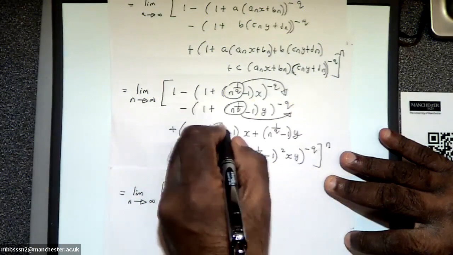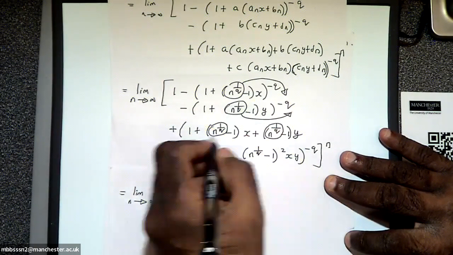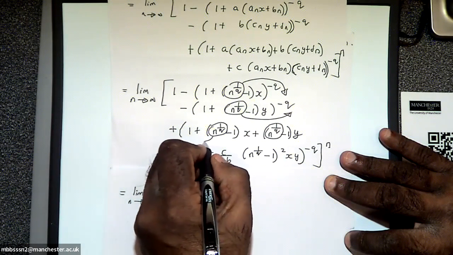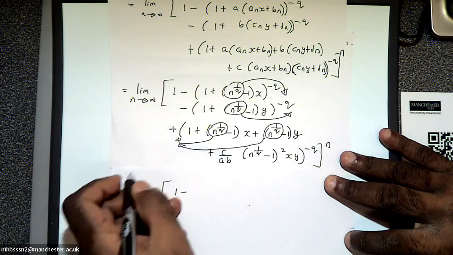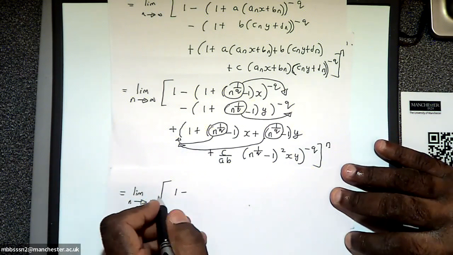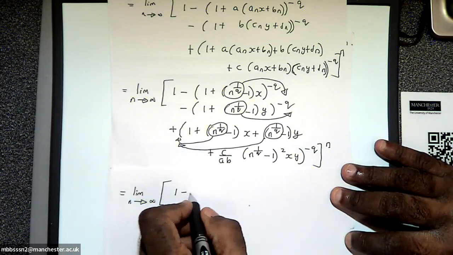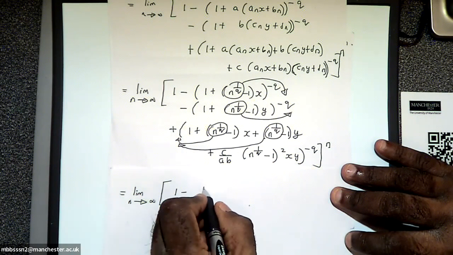And the same thing here, pull these two outside. Then it will become the following. Let me explain.